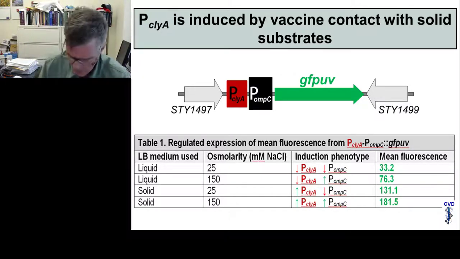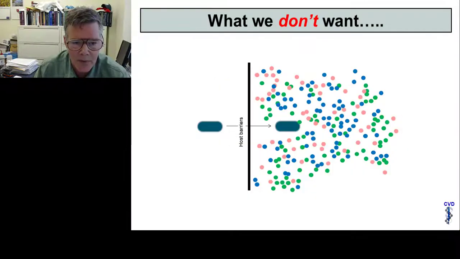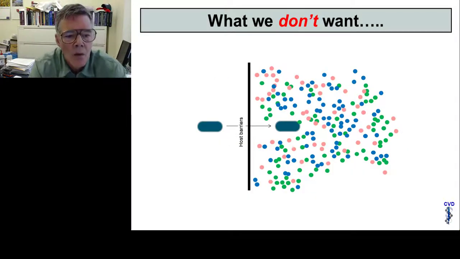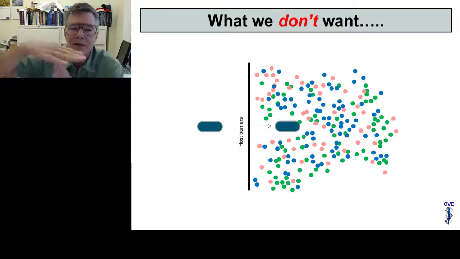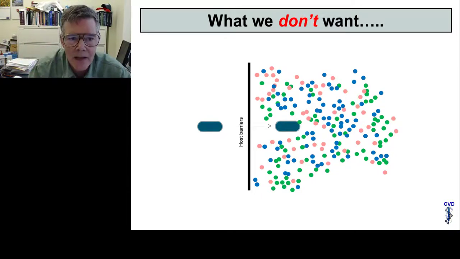All right, so why am I interested in all these exotic promoters? What we really don't want when we immunize a host is all the antigens to be expressed at the same time, because here again, we go back to this balance. If we over-attenuate the strain due to heavy antigenic expression, we have a strain that's not immunogenic.